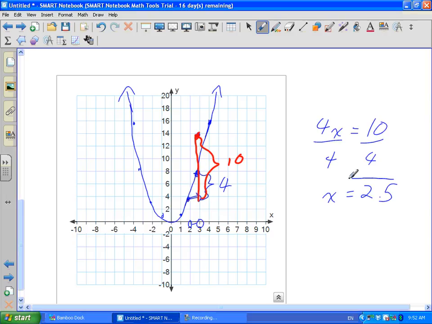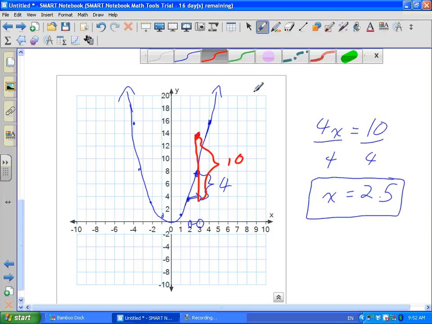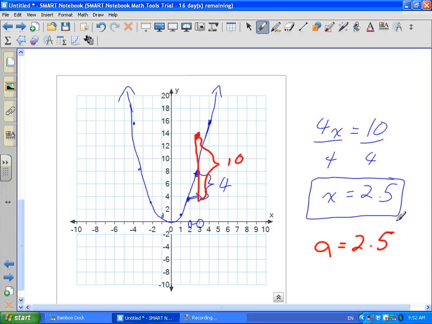What I just solved for is not an x, but an a coordinate. That's the factor of the stretch. We figured out that when we put this in vertex form, our a is going to be 2.5.